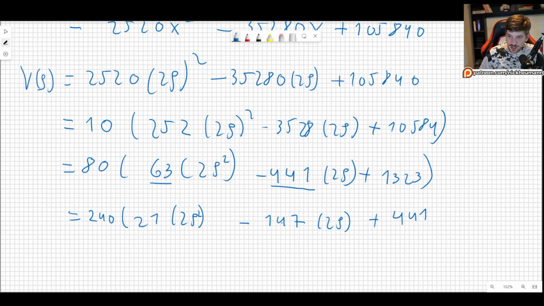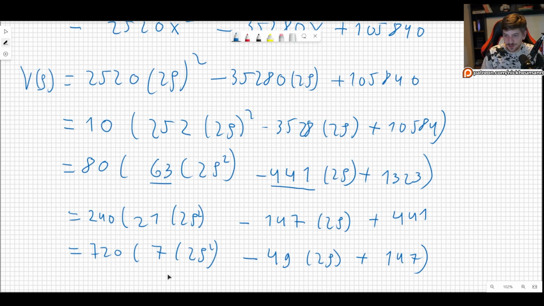Now that's the same that we had before, so that is of course also divisible by 3. This is divisible by 3, and that's also divisible by 3. So let's do it again. So 240 times 3, that's 720. So we would get here 7 times 2 rho squared minus, so 147 divided by 3, that's 49 times 2 rho, and then plus, and 441 divided by 3, that's, well, 147, of course, that's what we already calculated before.